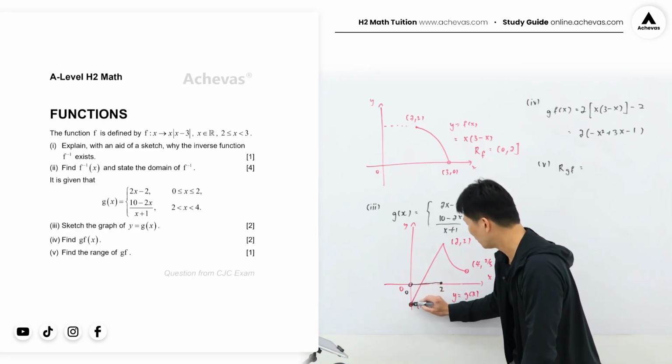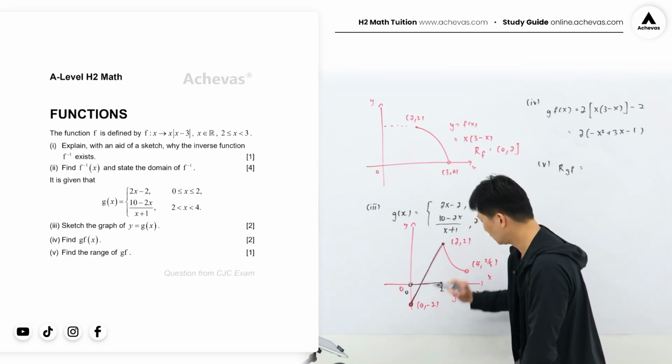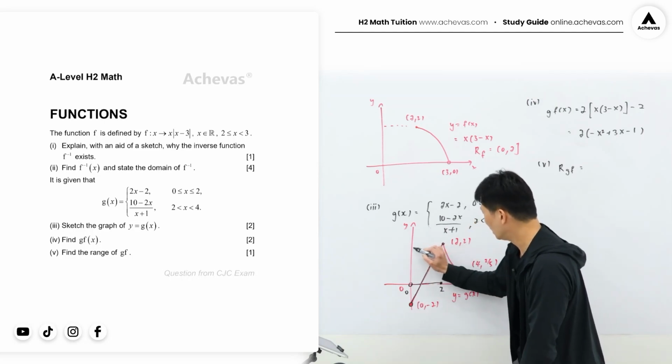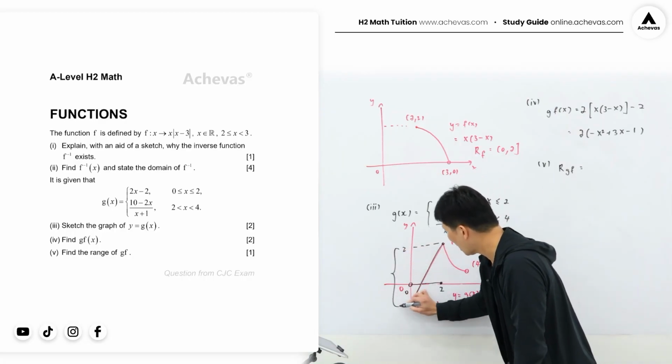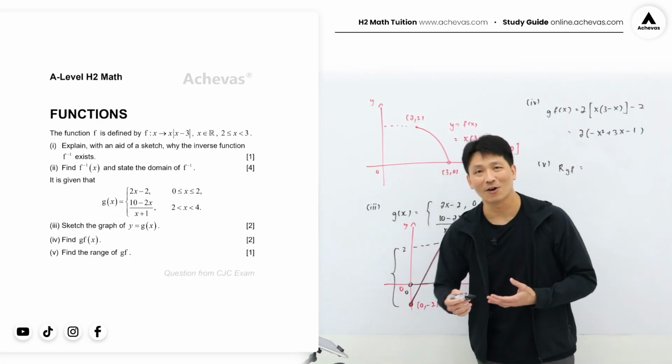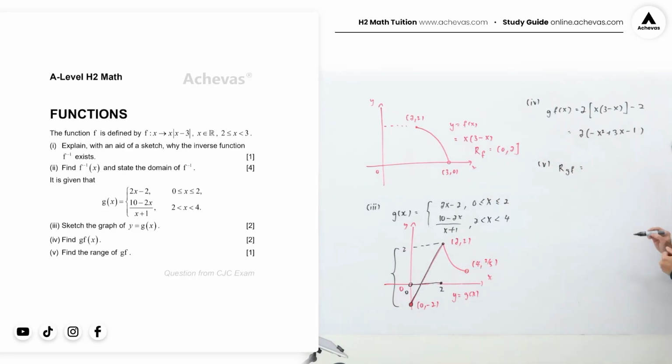In this case, it will be from here to here inclusive. So this is excluding, this is inclusive. We can see that this particular output will be the range of my composite function. So we can just simply read it out from the graph. The range will just be from -2 exclusive to 2 inclusive.